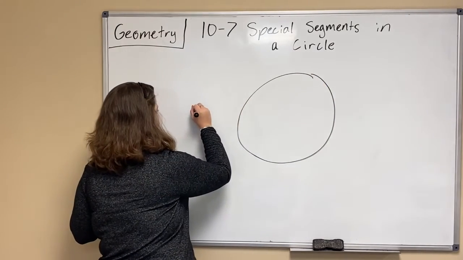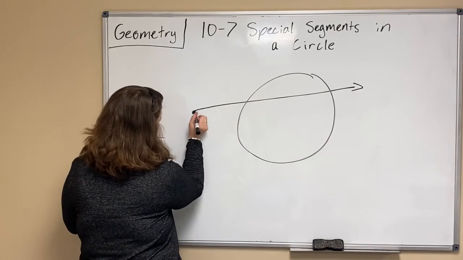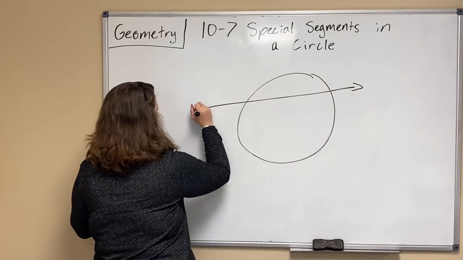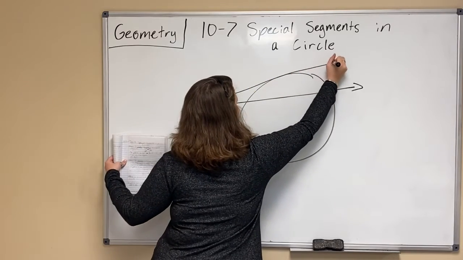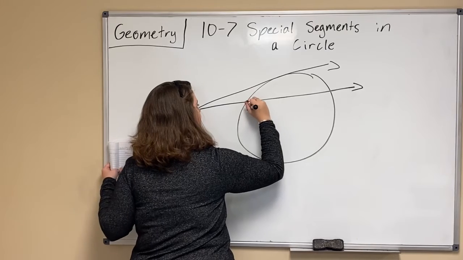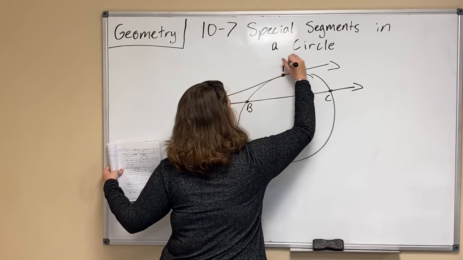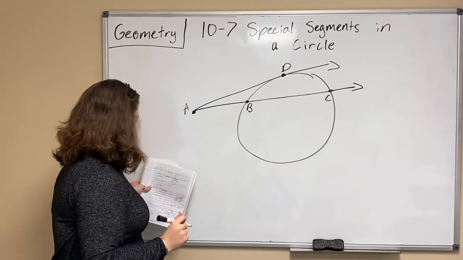So I'm going to draw my external point, my secant, and then a tangent. I'm actually going to draw it like this. Okay, so this is my A, B, C, D.